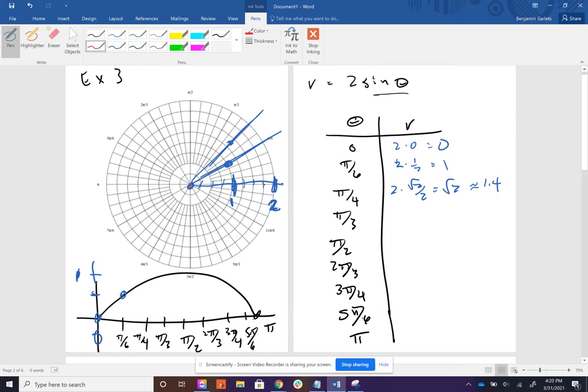So let's make these in red. Maybe that'll be a little bit easier to see what's happening. Sine of pi over 3, sine of 60 degrees, is going to be square root of 3 over 2. And so 2 times square root of 3 over 2 is square root of 3, which is about 1.7.